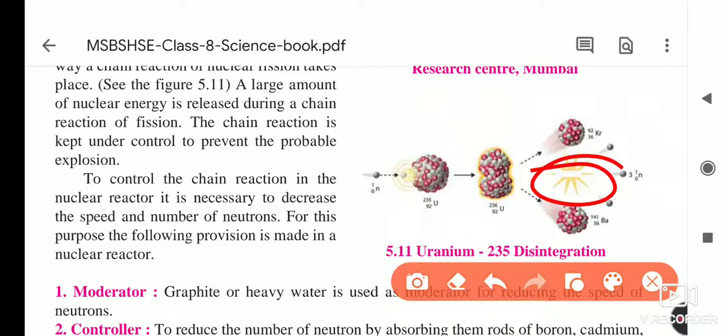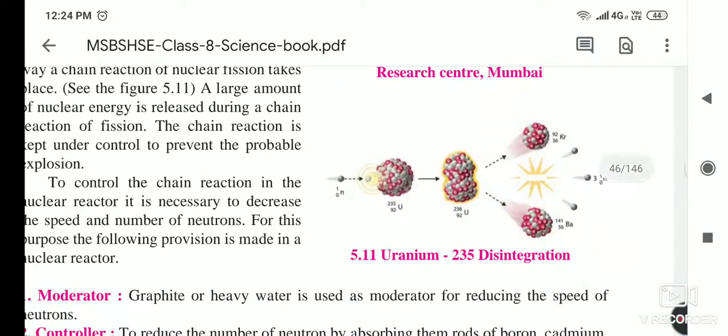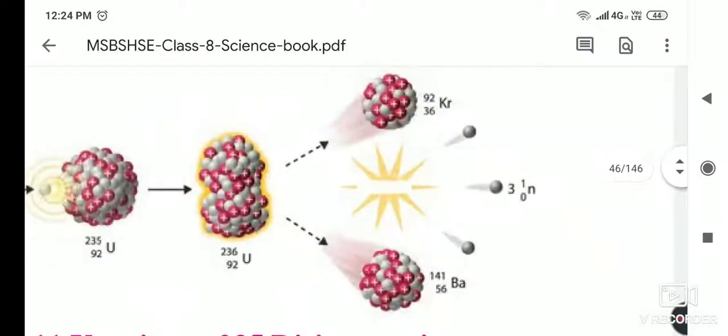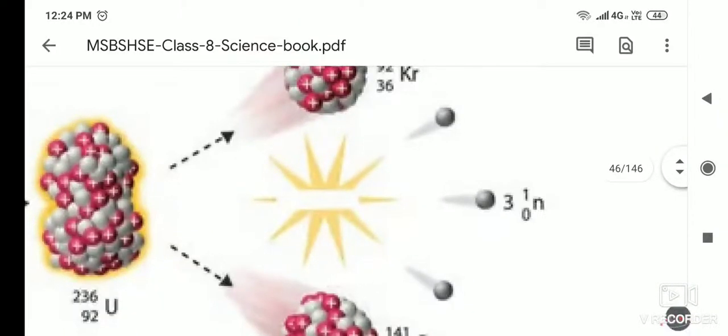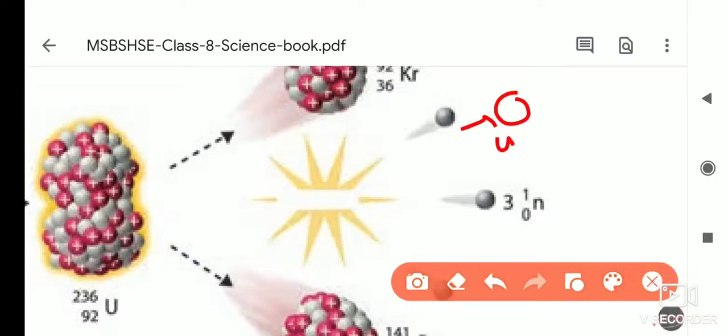If so many neutrons are formed, again it reacts with another uranium, and this will react with another uranium, and again it forms the krypton, again it forms the barium and 3 neutrons. If these react with one more uranium-235, again it forms the krypton and the barium and 3 neutrons, 1 2 3.